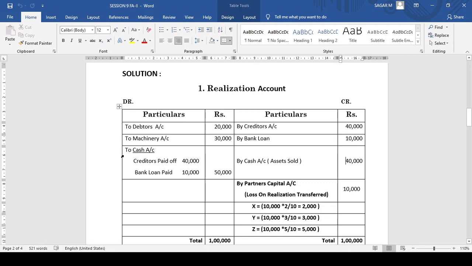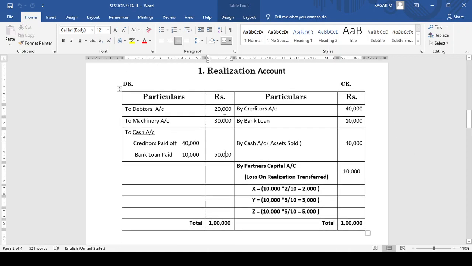So the entry on the debit side is to cash, that is creditors and bank loan paid off. Total put together, 50,000. No realization expenses are given. Hence you need to make a total.